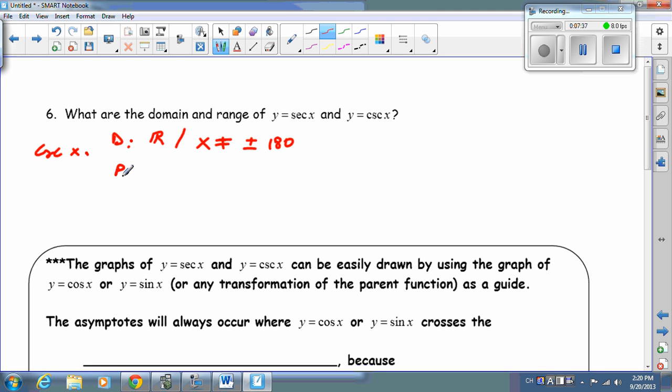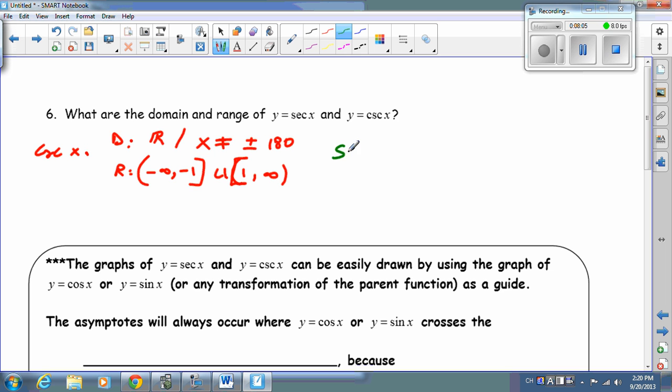And the range will be all real numbers such that, let's just write it in interval notation. For the range, I will say it is from -infinity to -1, -1 being included, union, I start back at 1 with a bracket, of course, till infinity. That's for the cosecant.